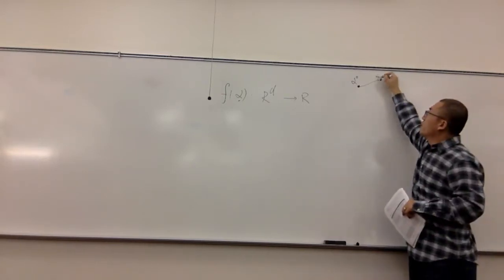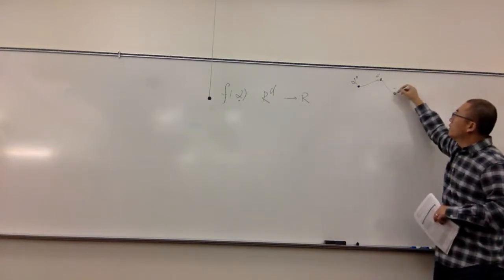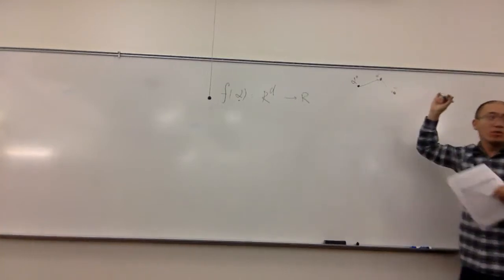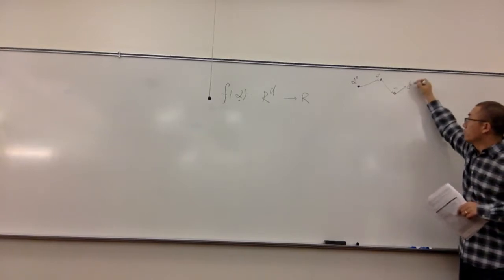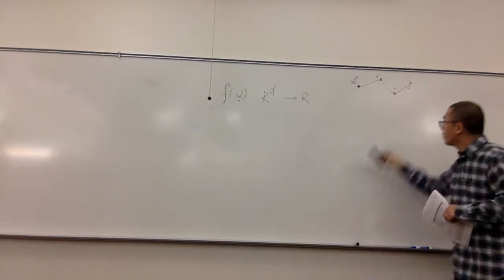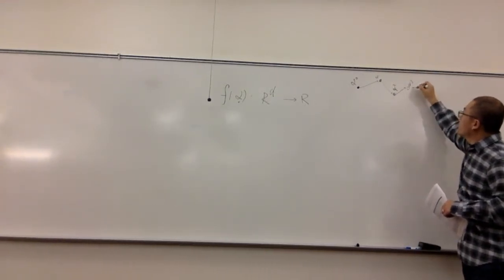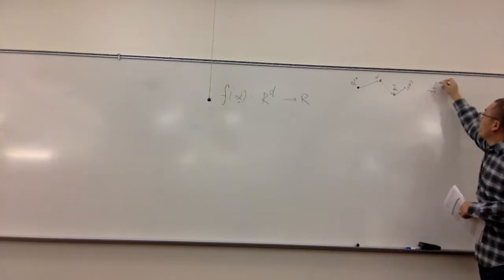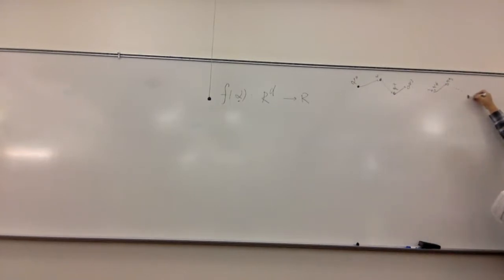So alpha 0 to alpha 1, then alpha 1 to alpha 2, alpha 3, and we continue to alpha k plus 1, until we finally arrive at some local minimum, or at least some location close to a local minimum.